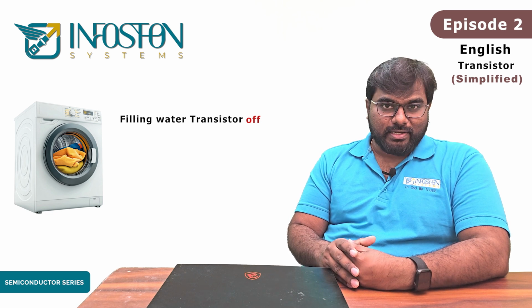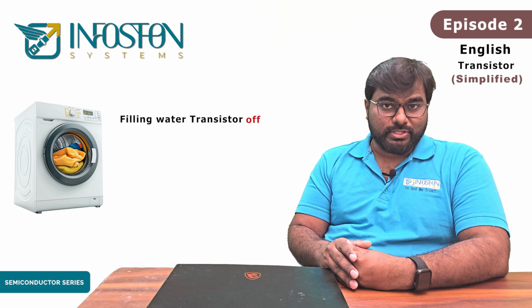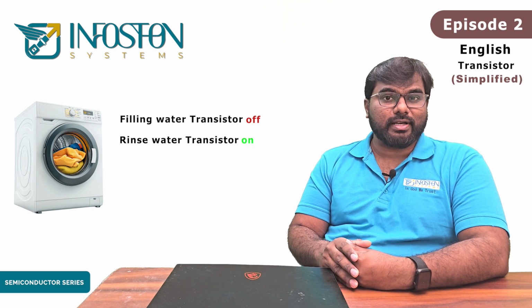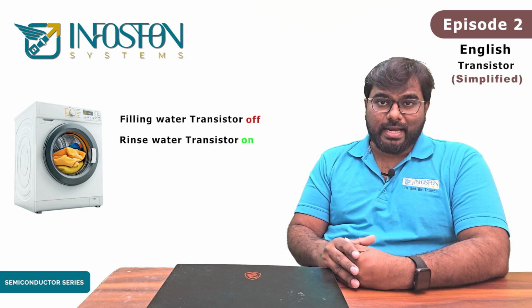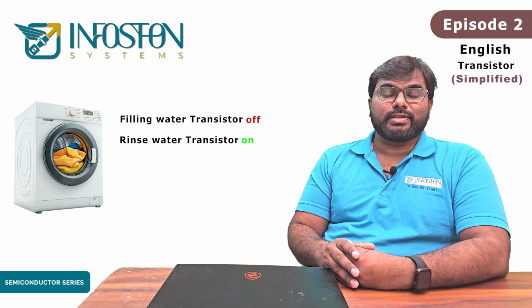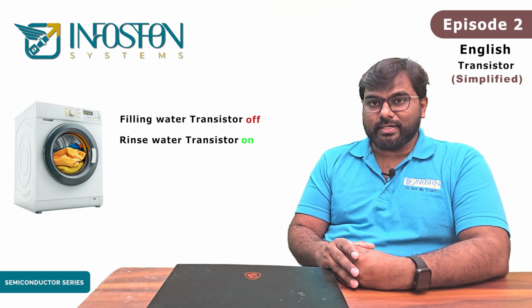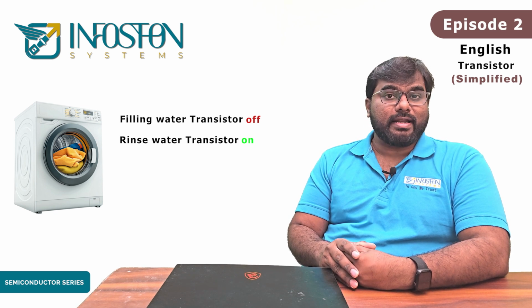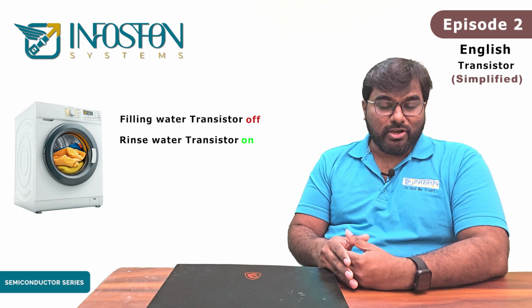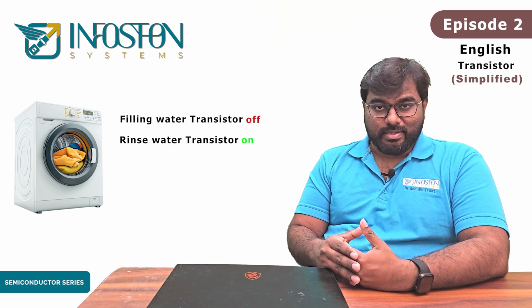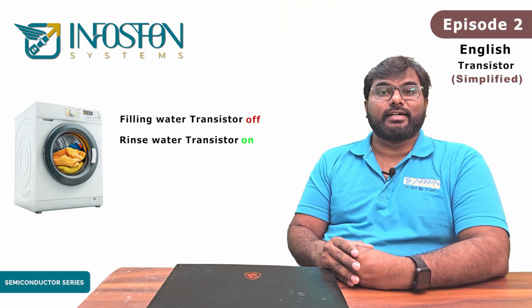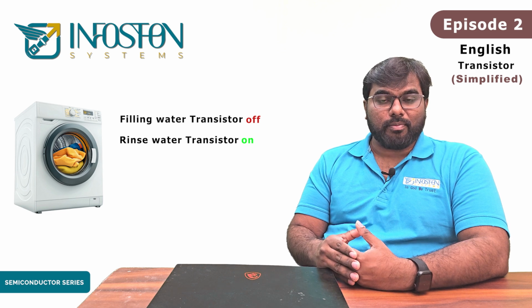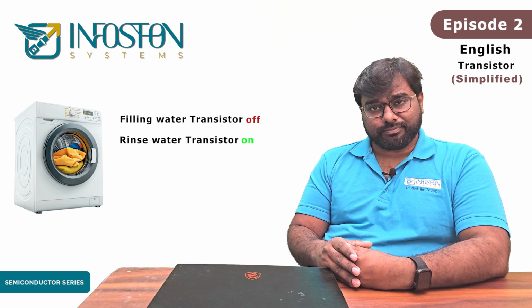Then as soon as the valve is closed, the second transistor, which is connected with the rinse mechanism or motor, will receive the signal 1, which means the transistor will be switched on, then the motor will start and it will rinse the cloth.